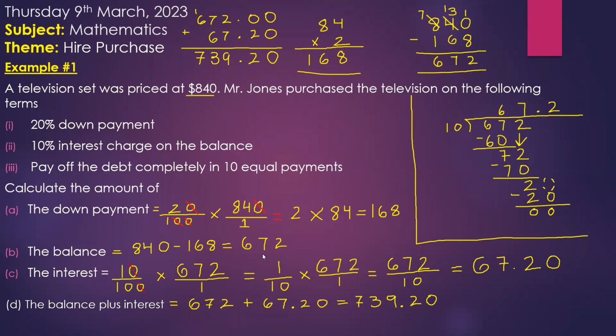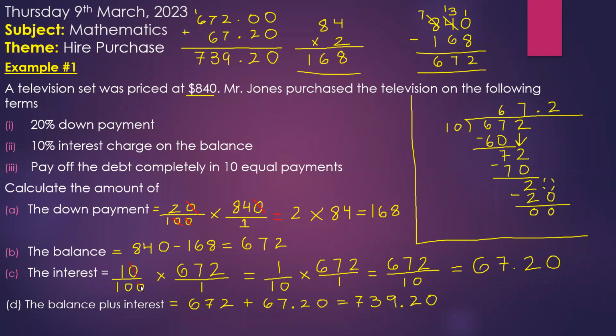And as you can see, for all of them, the working is right above. Now C. In order for us to find the interest, we're going to take the 10% interest charge on the balance, and we're going to put it over 100 times 672 over 1. So we can cancel the 2 zeros at the top and 1 at the bottom.